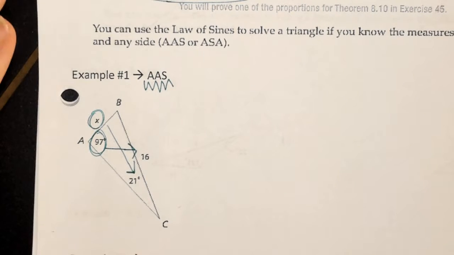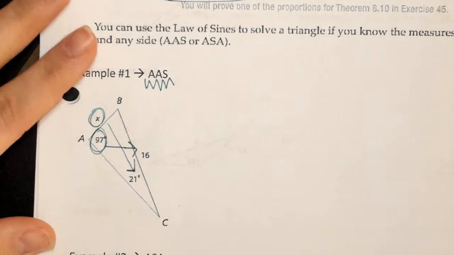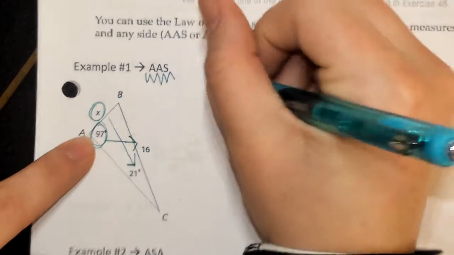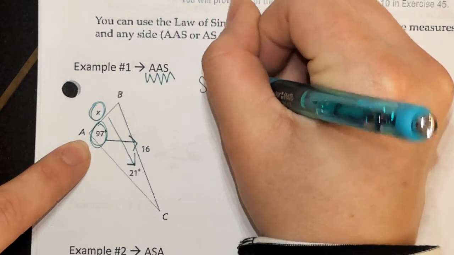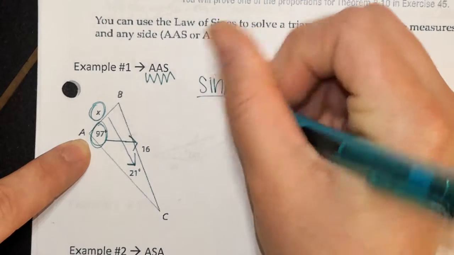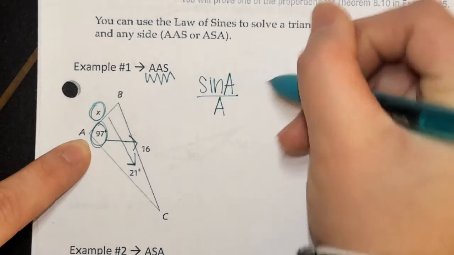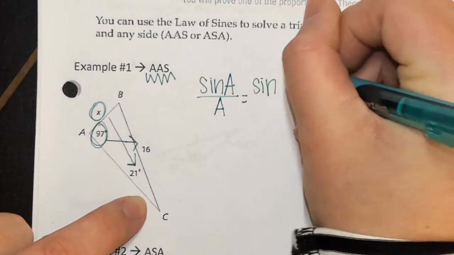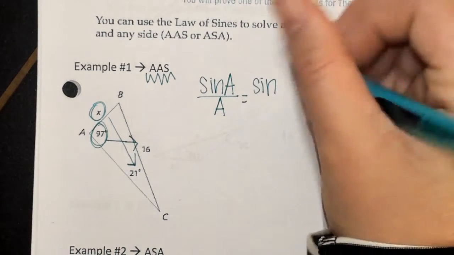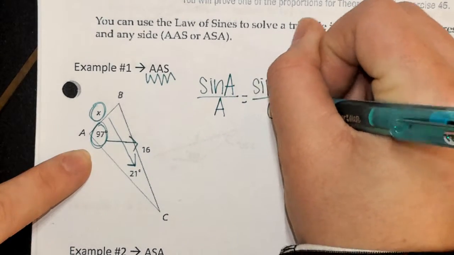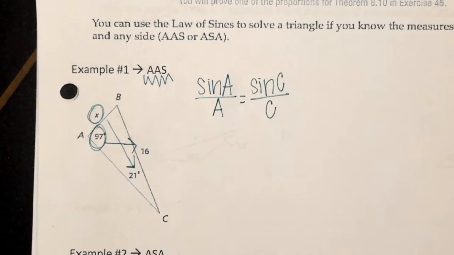I'm going to write this out once. I would like for you to write it out once as well. I will not make you do it again after this. But I want you to see where it's coming from. So you'll have sine of A, and below it is going to have side A, right? And then we're also going to use what angle? We're using sine of C, and then across from it, which is going to be side C. So now we just plug these in.